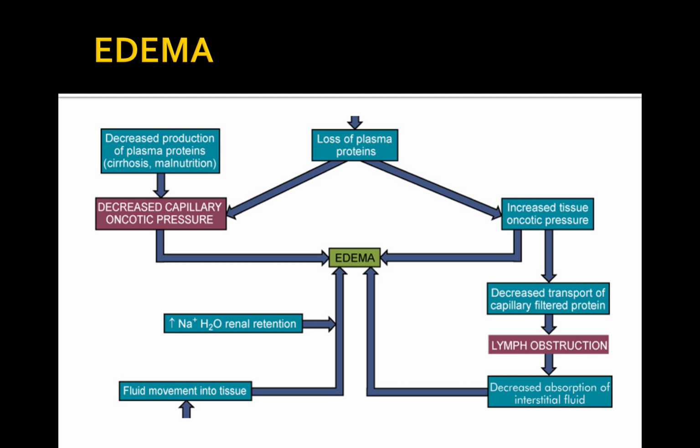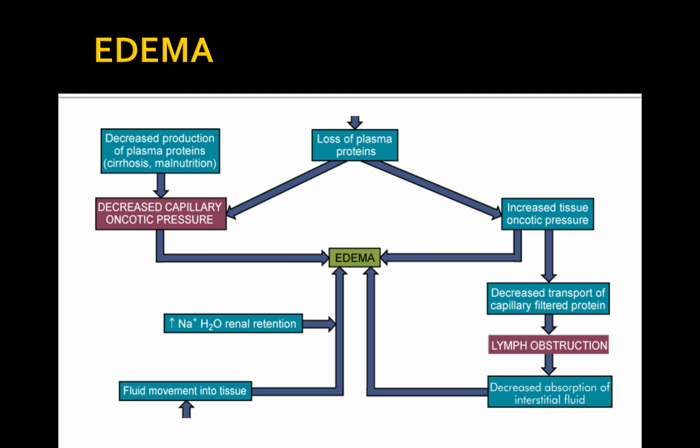You can see it can result in decreased transport of capillary filtered protein, where you have lymph obstruction and decreased absorption of interstitial fluid. Fluid movement into a tissue. Also, we can go up this diagram where you have increased sodium and water through renal retention.